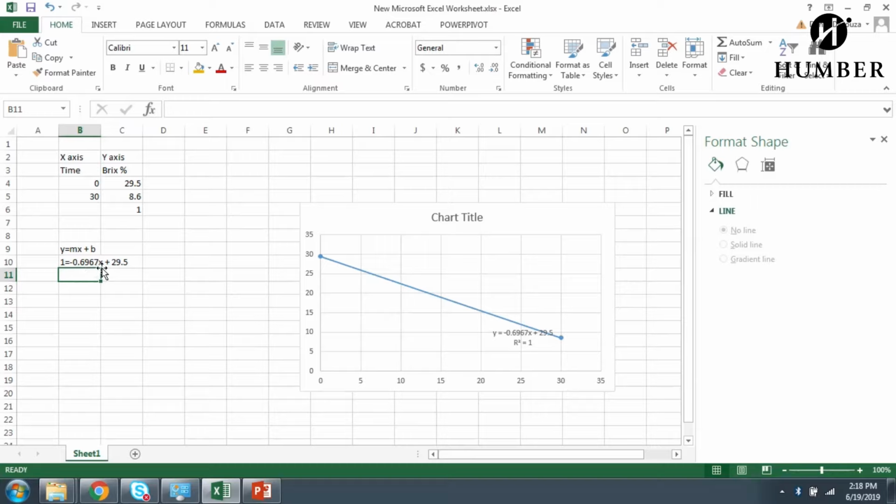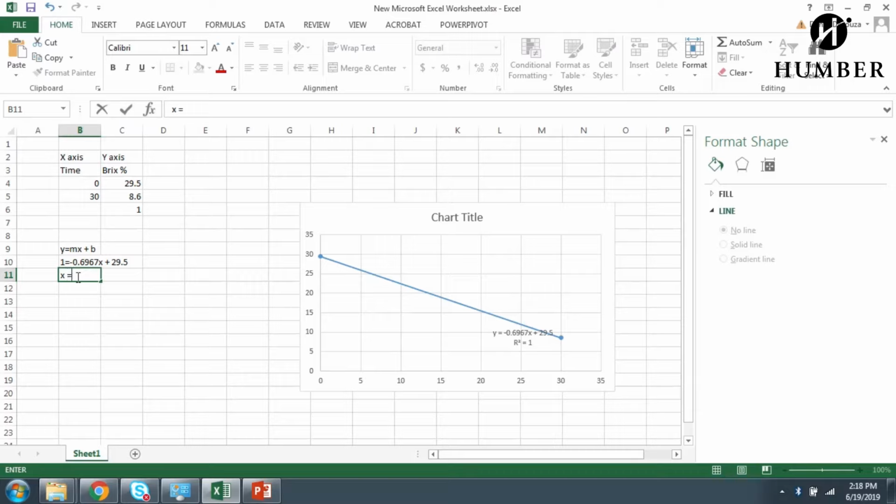We need to solve for the value x, and if you take your calculator and work it out, it would be 1 minus 29.5, so it would be minus 28.5, because the 29.5 will move over to the other side. Minus 28.5 is equal to minus 0.6967x, and the minuses will cancel out and you solve for x.